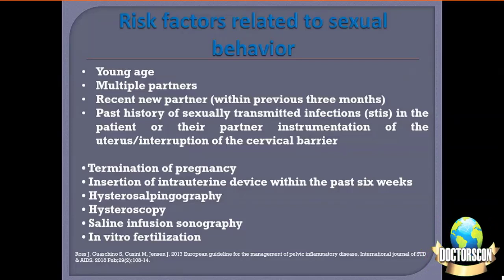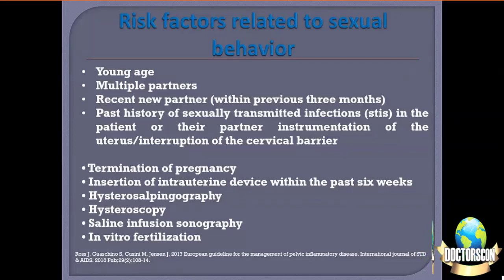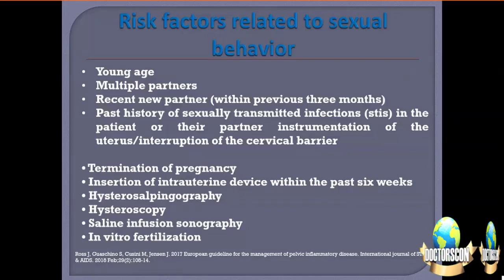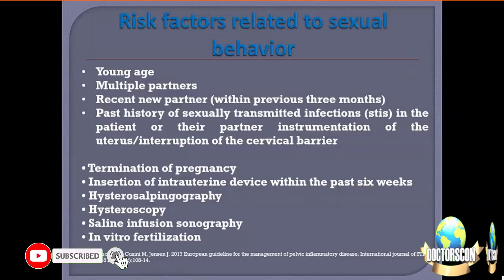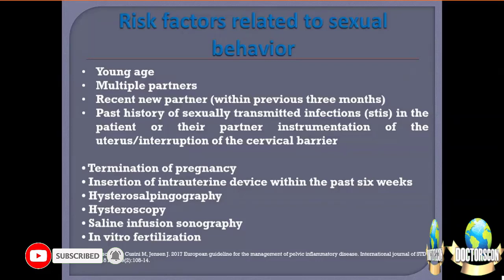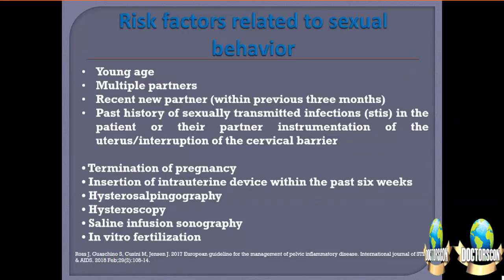So this is just to show that a large proportion of women who have pelvic inflammatory disease may not show any symptoms. This diagram shows you that about 60% of PID patients would actually be subclinical. They may not have any of the classical symptoms and signs of PID.